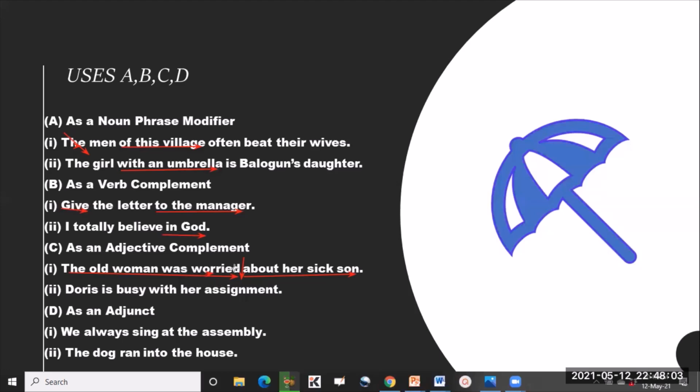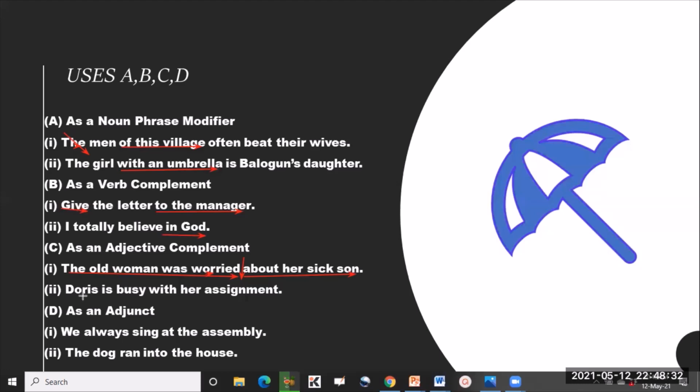Worried is a past participle functioning as an adjective in this sentence. And then about her sick son is a prepositional phrase doing the job of an adverbial phrase in the sense that it is describing, it is adding extra information to the adjective worried.